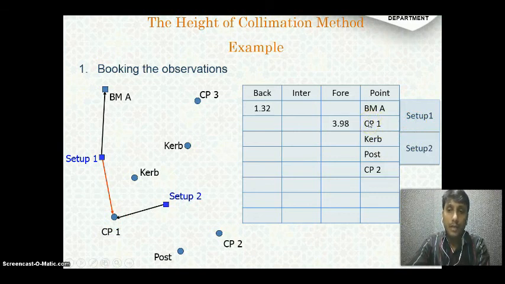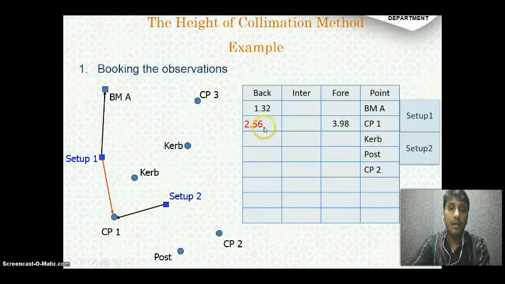The staff reading has to be written in the CP1 backside. The CP1 is a point where the foresight and backside both will be there. So from setup 2, when you have taken CP1, the 2.56 is the backside. From setup 2 to CP1, the reading comes under backside.